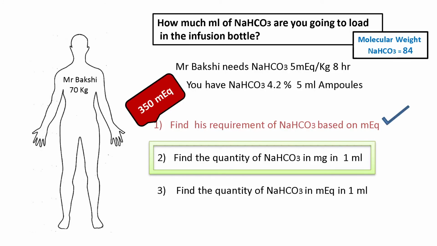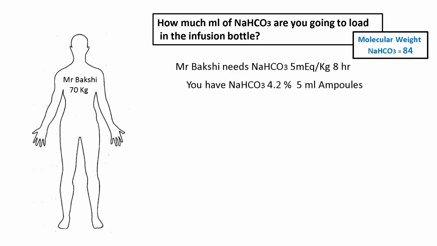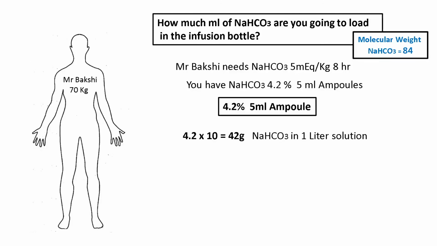Now let's go and find the second point. That is, we need to find sodium bicarbonate in milligrams per ml of the bottle. We have 4.2% 5 ml ampule, right? So 4.2 multiplied by 10 is equal to 42 grams of sodium bicarbonate in 1 liter solution, which means we have 42,000 milligram sodium bicarbonate in 1000 ml solution.